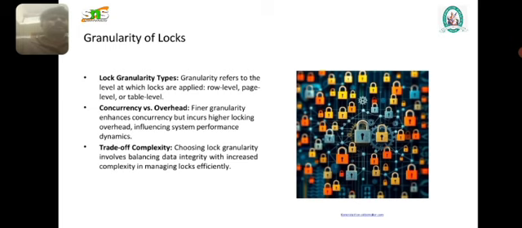Next is the granularity of locks: lock granularity types, concurrency with overhead, and trade-off complexity. Granularity refers to the level at which locks are applied: row level, page level, and table level. Concurrency with overhead: finer granularity enhances concurrency but includes higher locking overhead, influencing system performance.